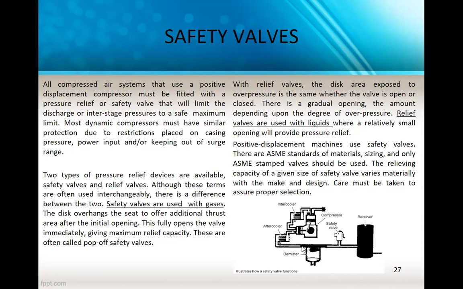This illustrates how a safety valve functions: relief valve, safety valve, the mister, oil, aftercooler, then compressor. The direction is from the compressor, to the aftercooler, then the oil, then the safety relief valve before entering the receiver, because the pressure is high here.